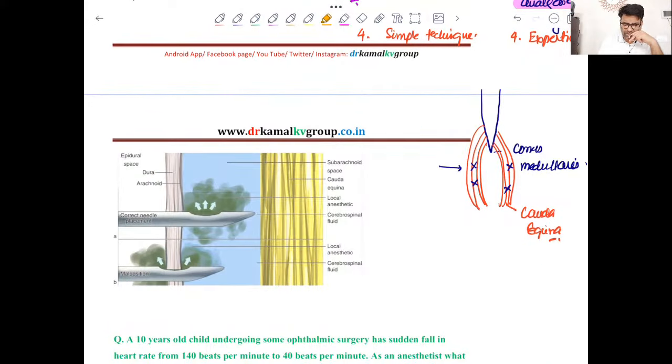And again, you can see here in this image, this is say dura mater. Okay, so suppose if this is the dura mater, and deeper to this is arachnoid mater. Okay, so this is the arachnoid mater.